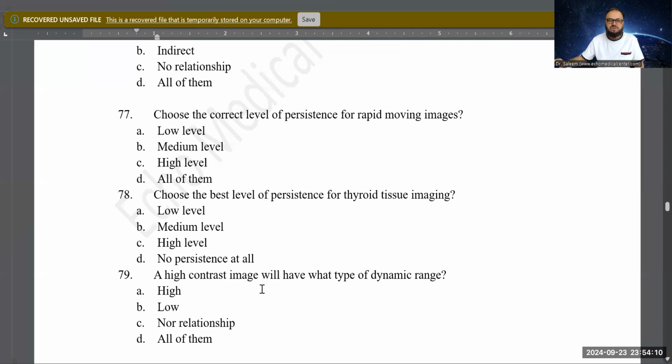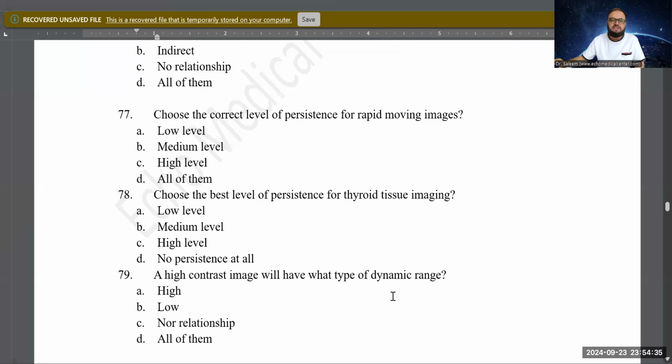Okay, a high contrast image will have what type of dynamic range? What do you think? When you're looking for brighter areas to be more bright and darker areas more dark, a very high contrast image will have what range of dynamic range? Is it high, low, no relationship, or all of the above? Absolutely correct.